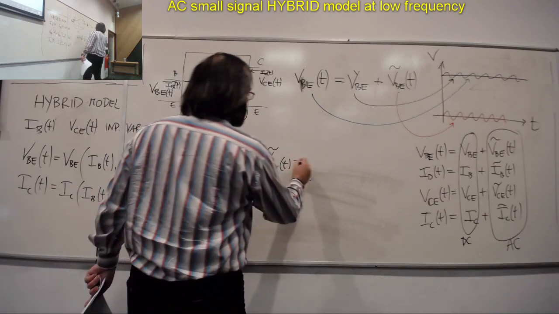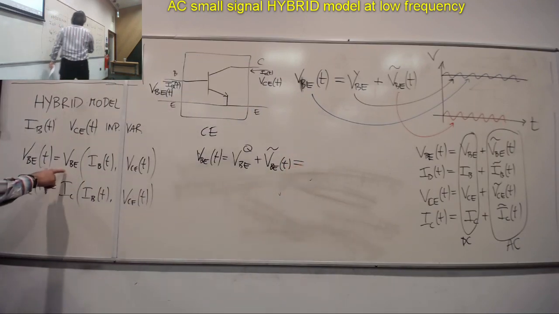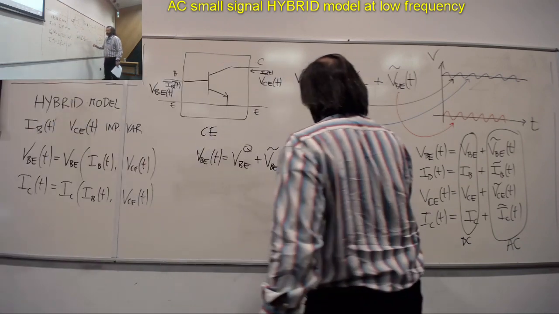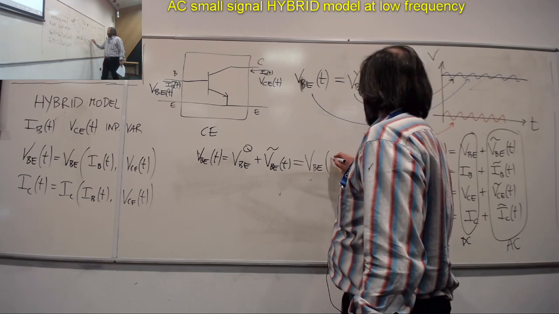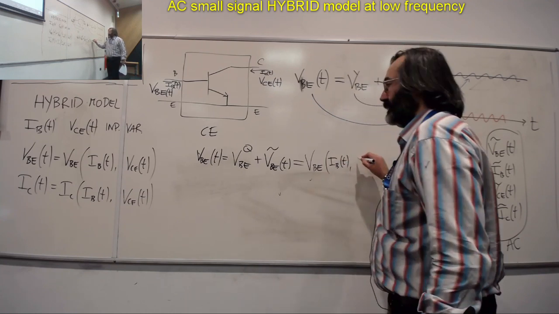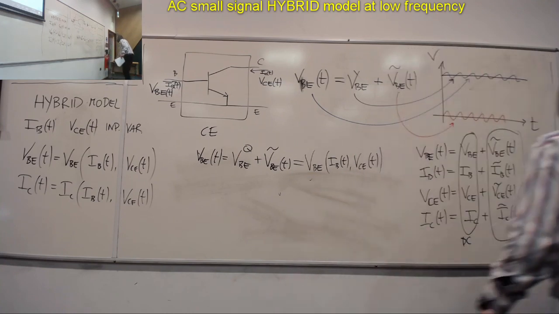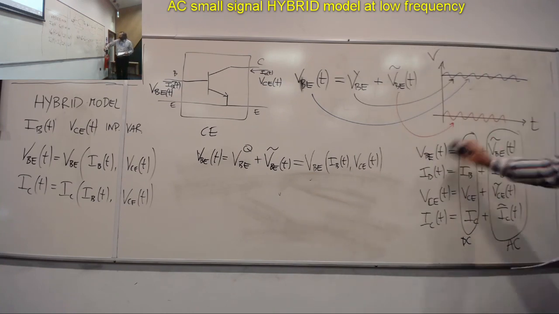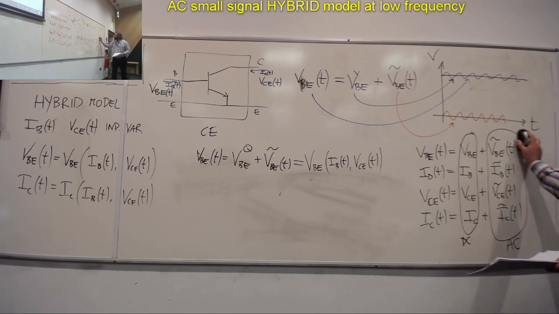But this is equal to that: VB, IB, BC, T. Probably I can remove this. We now got the point.